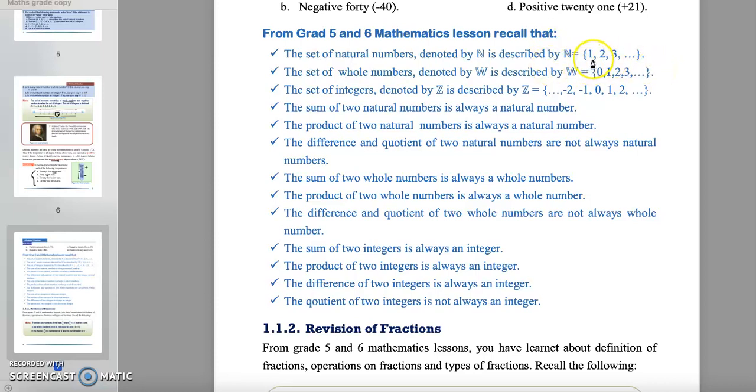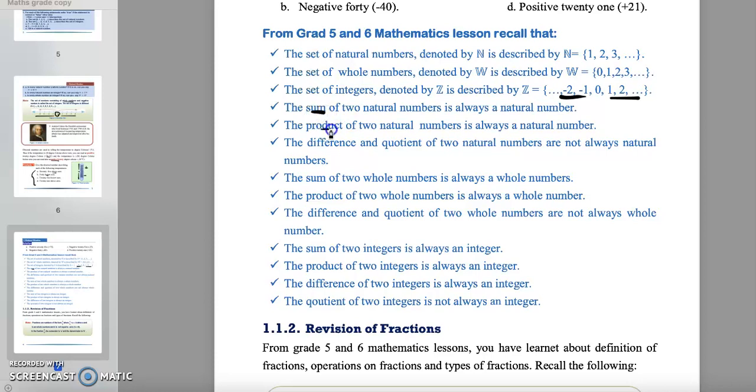So it starts from 1. Whole numbers are denoted by W, and it starts from 0 and contains all the positive numbers, or the natural numbers. Integers are denoted by Z, and it consists of 0, positive numbers, and negative numbers as well. This is what we need to memorize. So let's get started on this.